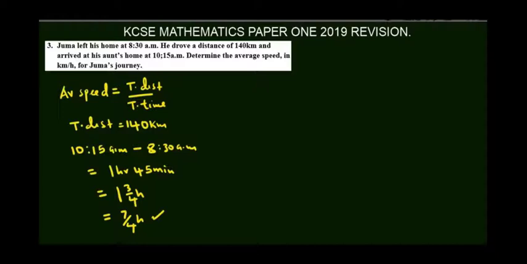So finally, we have the total distance and the total time taken. So the average speed would then be calculated as the total distance, which is 140 kilometers, divided by the total time taken, 7/4 hours.